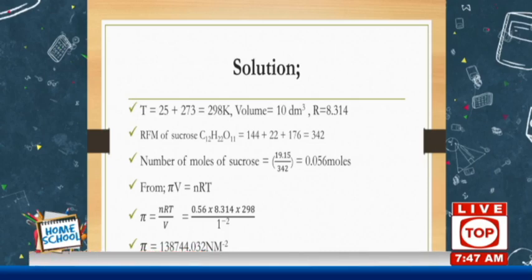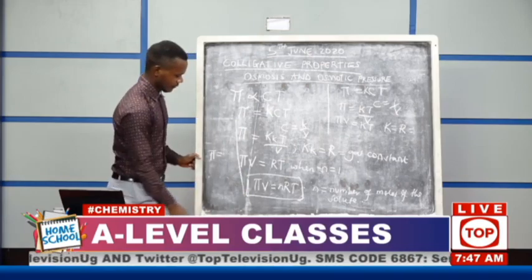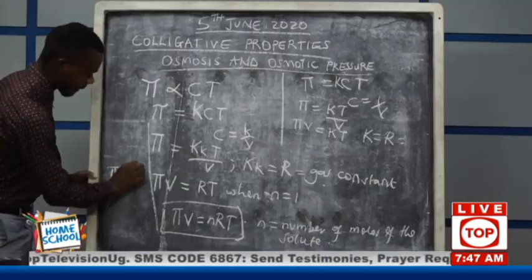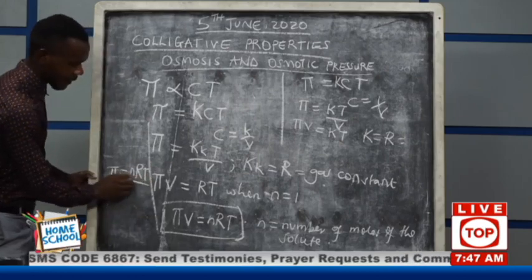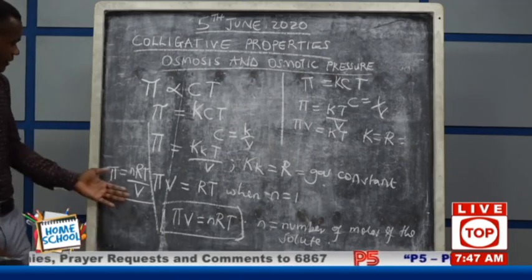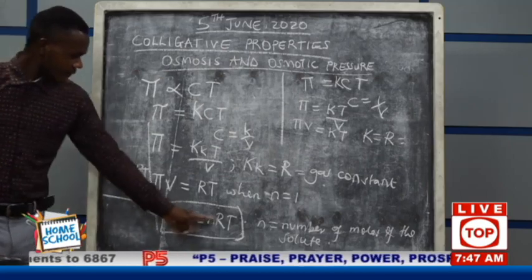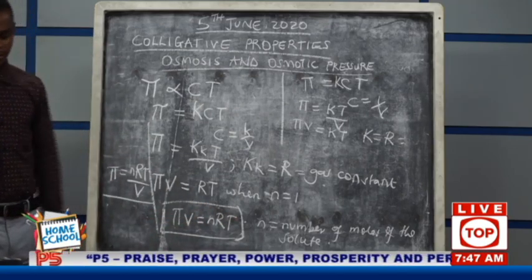You will be able to get the value. So when you bring the expression, we want to calculate for pi, the osmotic pressure. That means pi will equal nRT divided by V. That is simple mathematics.